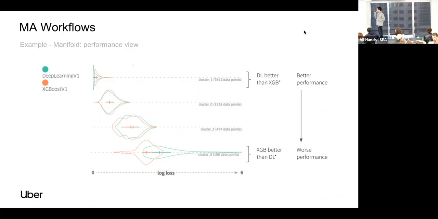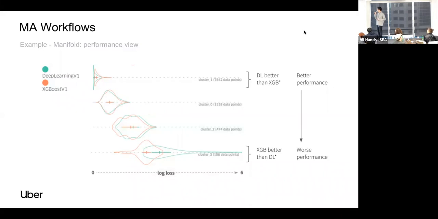And if you look at the size of the data segment, the first line has 7,000 plus data points. The last line has only 100 plus data points, meaning that for the majority of the time, deep learning is performing better than XGBoost.